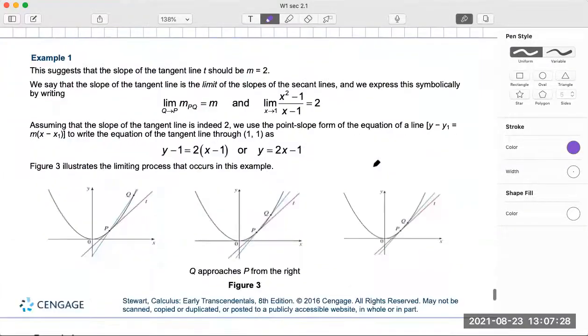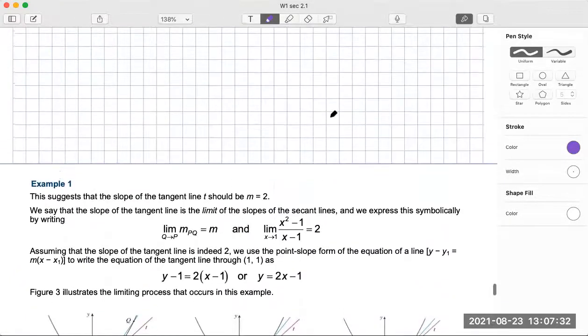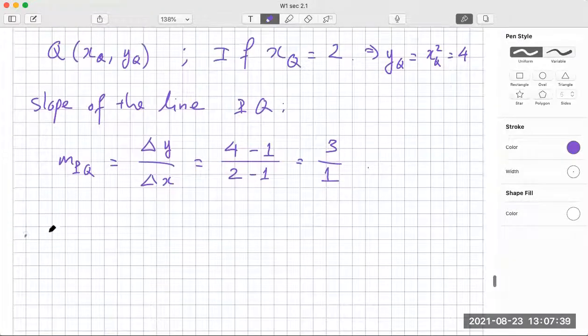Similarly, now take a look at the, before doing that, let us play with another example. Let us continue. If x is 1.5, right? What is y?